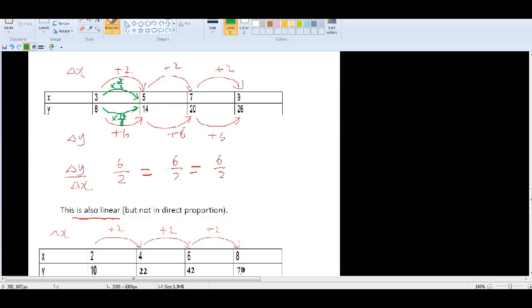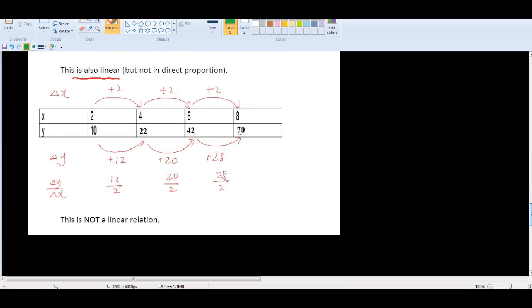So this one is not a direct proportion, but it's still a linear relation. Remember that a direct proportion must be a linear relation, but a linear relation is not necessarily a direct proportion. It's wrong, right?